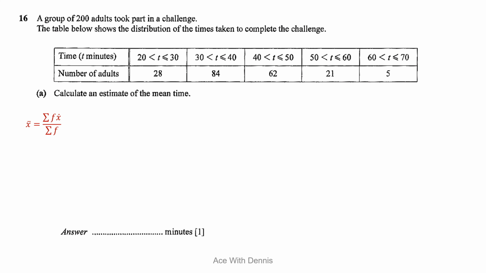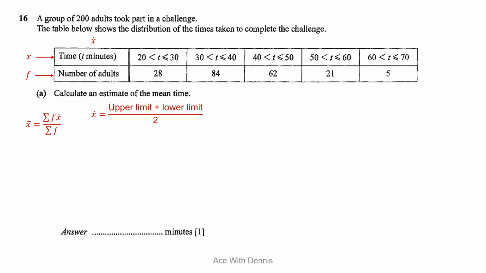Then we need to identify which one is the x and which one is the f from the table. So the first row will be the x and the second row will be the f. And to calculate the x dot, we will use this formula, which is upper limit plus lower limit divided by 2. So we have to calculate the x dot for each class.